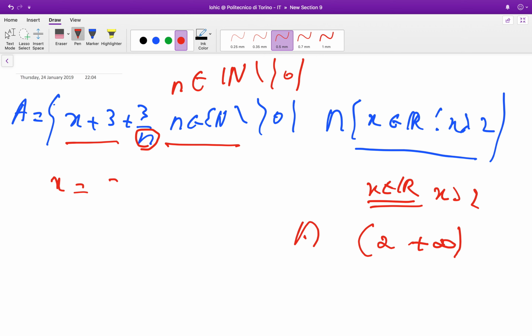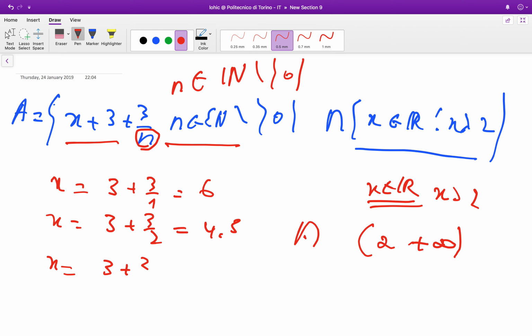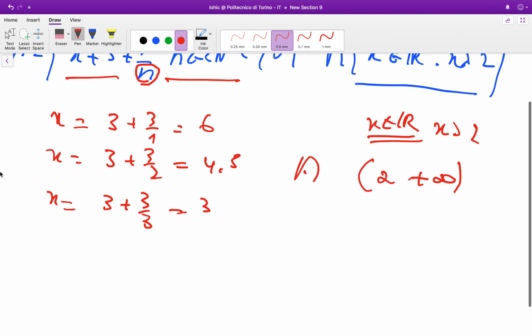So for n equal to 1, we have 3 plus 3 over 1, which gives 6. Then x equal to 3 plus 3 over 2 gives 4.5. Then 3 plus 3 over 3 gives 4, and so on.